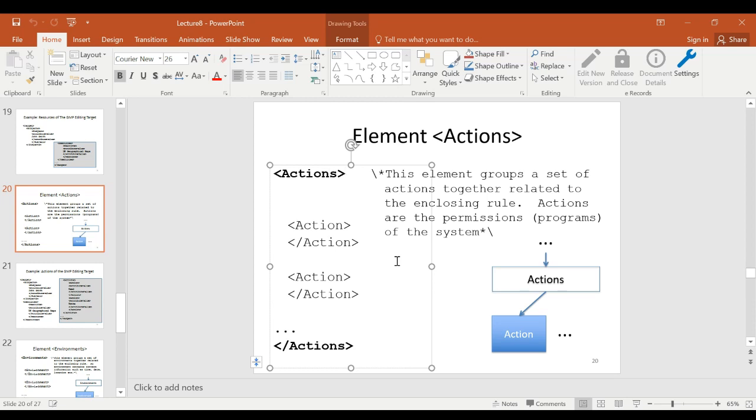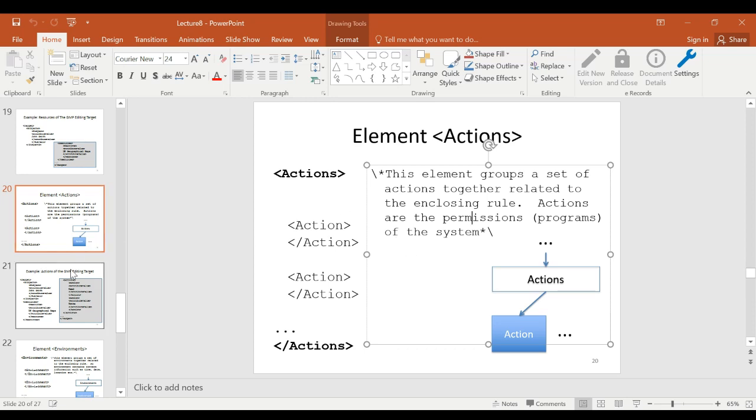So in this case, again, we see inside the actions element a number of individual singular action elements. Okay. And as I said, these map directly to the idea of permissions that we talked about, or the programs that you want to execute in your environment or applications, whatever the definition of an action or a permission to execute an action is.